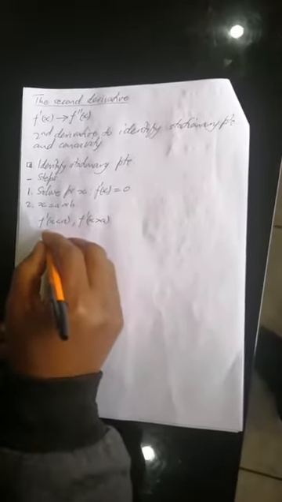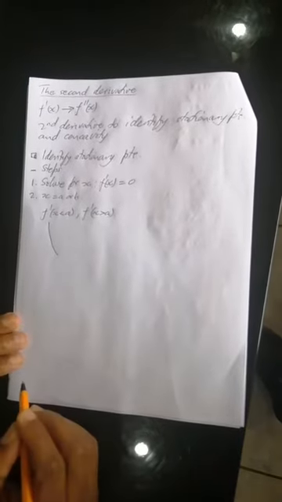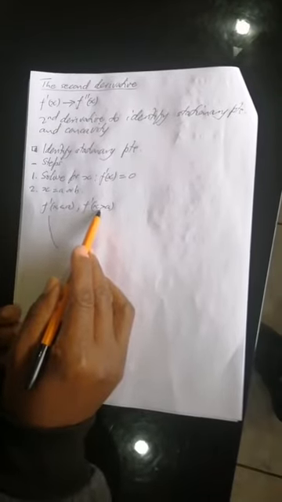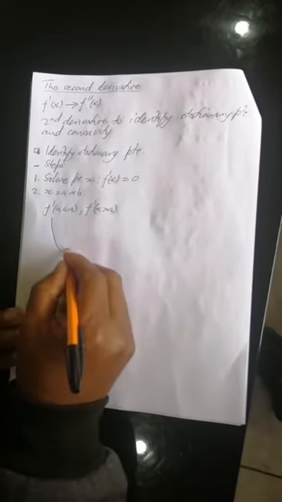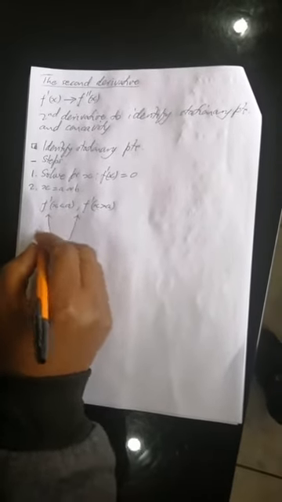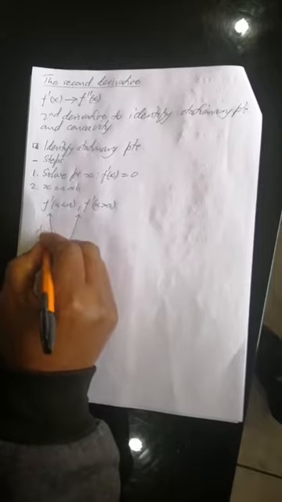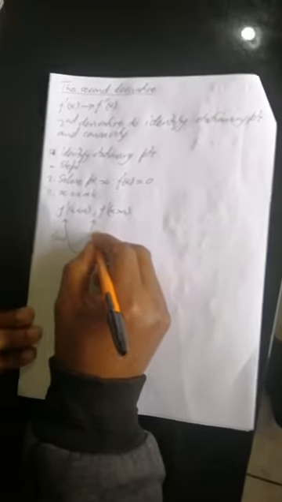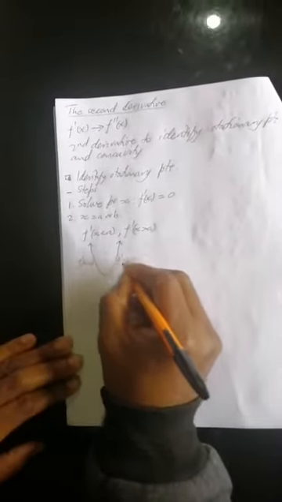Now, if f dash of x for x less than a is a negative value, then it means the graph is going down. And when it is greater than 0, it means the graph is going up. So this side is f dash of x less than 0, and this side is f dash of x greater than 0.